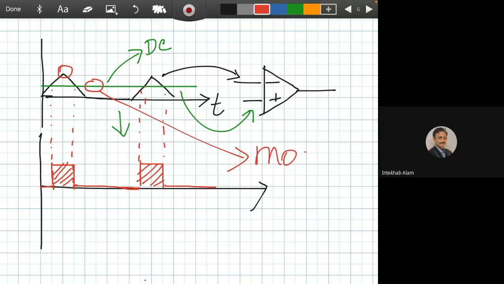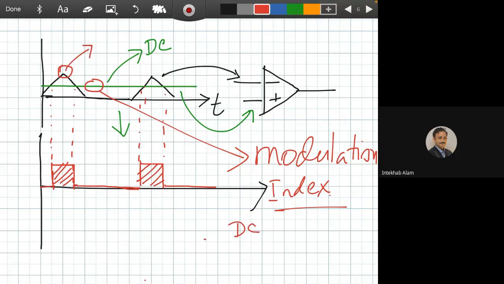If the modulation index is actually 1, then there will be no output. But here in the book, we have studied in a different manner. The modulation index is the DC value divided by the peak.